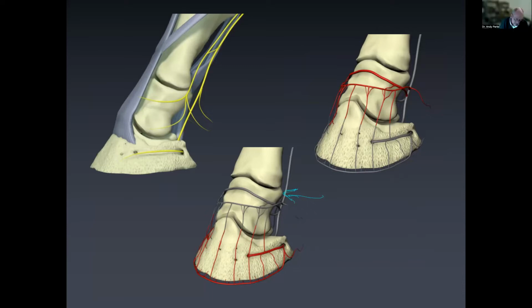And you can see that there's quite a network of these vessels around the coronary band. This would be the coronary band, and then around the base of the solar margin here, which would be the circumflex artery there. So we have a great blood supply down in the bottom of the foot, and we have a great venous drainage. And they become very important when horses get diseases like laminitis.